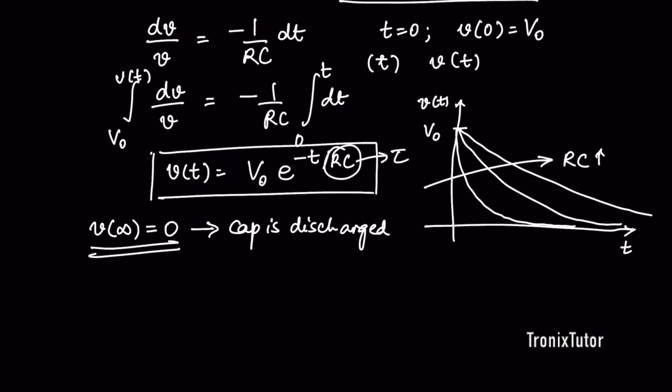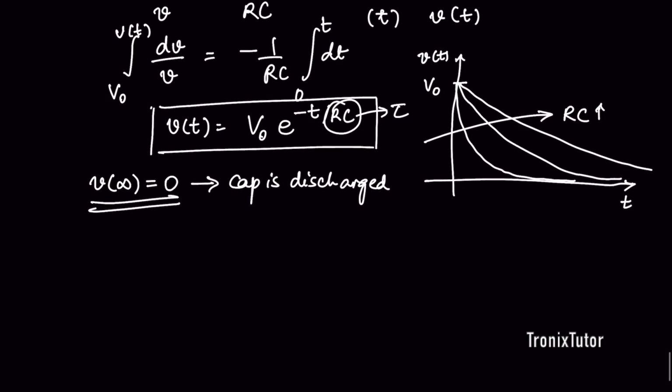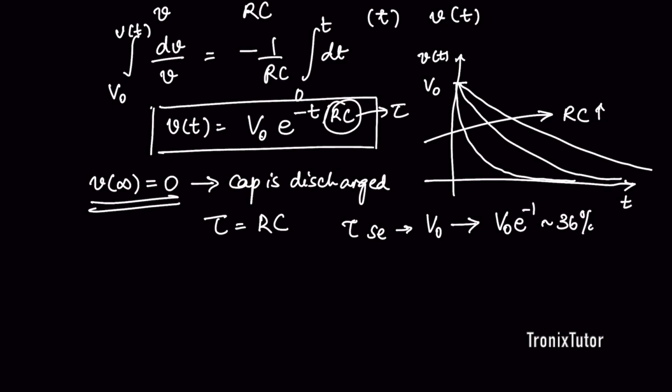So this entire circuit can be described by this time constant, which is known as the RC time constant, and it's given by the product of R and C. And so you can see that within tau seconds, the voltage drops down from V0 to V0 into e power minus 1, or roughly 36% of V0. So within the first tau seconds, the voltage has already dropped to 36%.